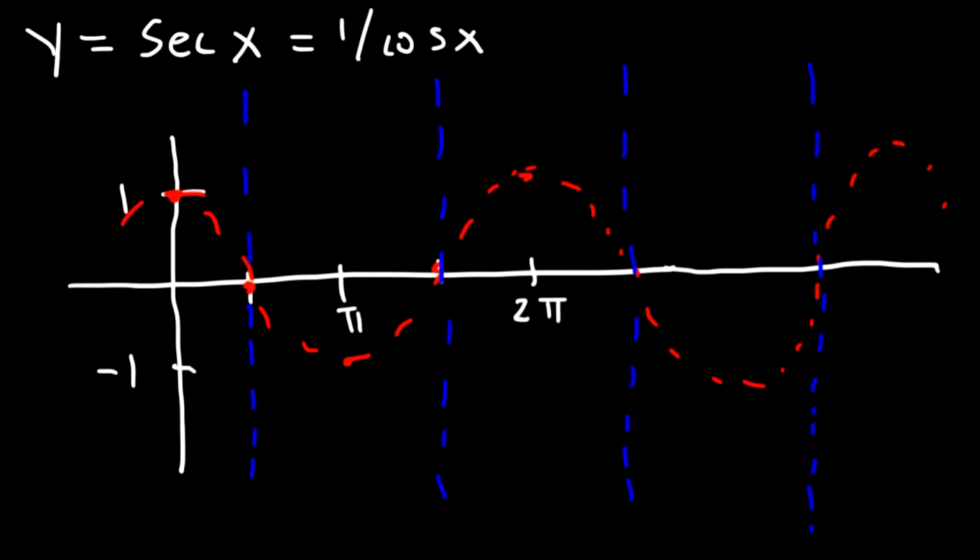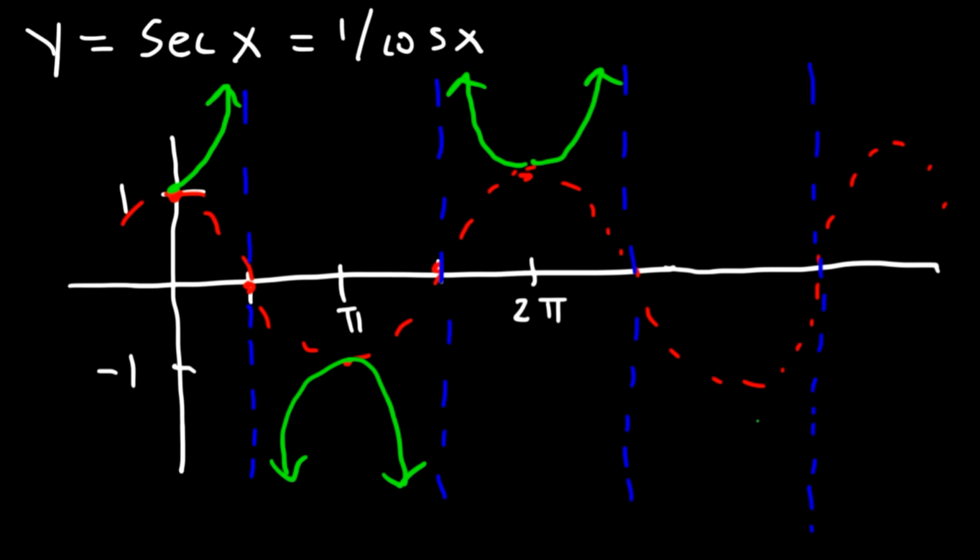So now let's graph it. So this side is going to look like that. And then we have this portion of the secant graph and this portion. If you want to stop at 2 pi, if you want to draw just one cycle, that's how it's going to look. But if you wish to continue the graph, you can if you want to do that.